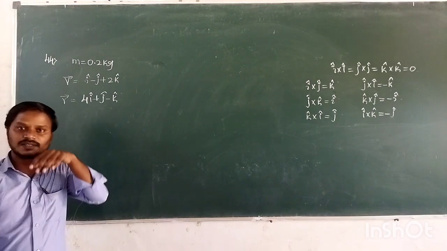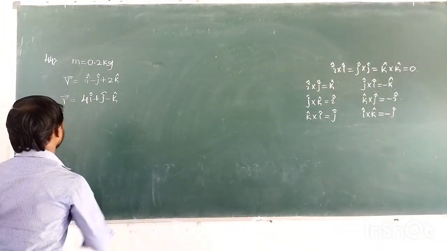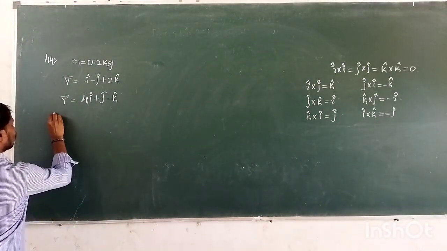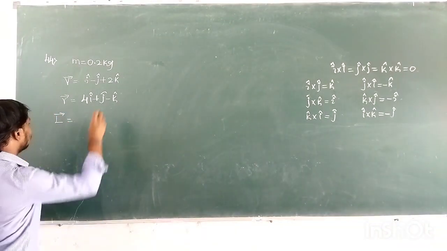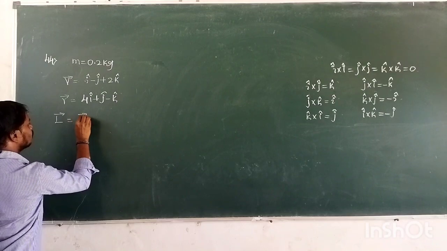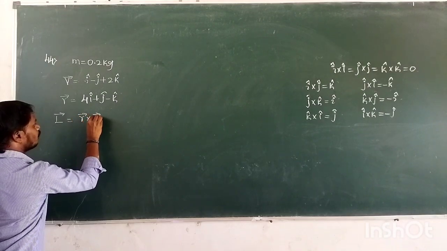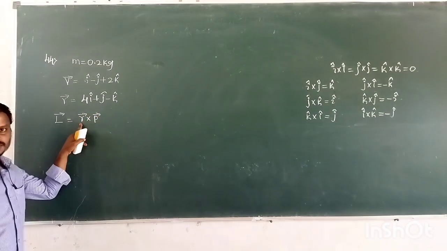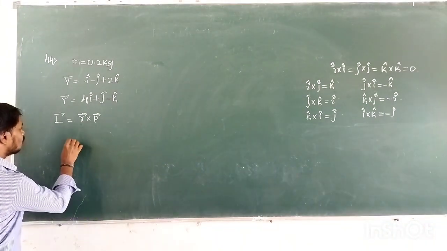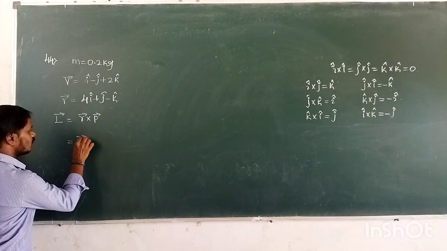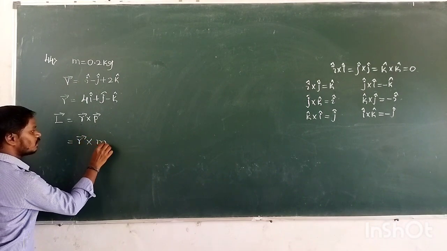So how to find the angular momentum of the particle? See, already we know the expression for angular momentum in vector form, that is vector L is equal to r cross p. What is r here? Position vector. What is p here? Linear momentum vector. So r cross linear momentum, which is nothing but mass into velocity.